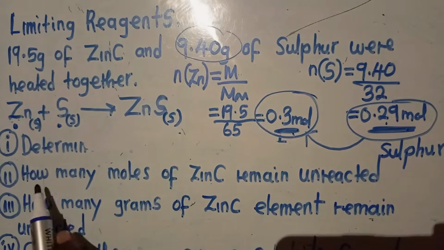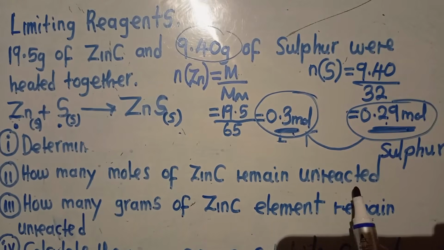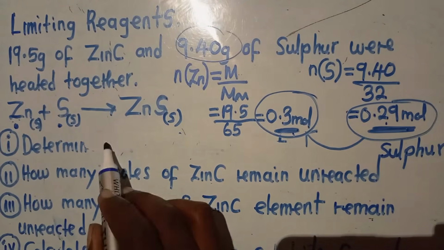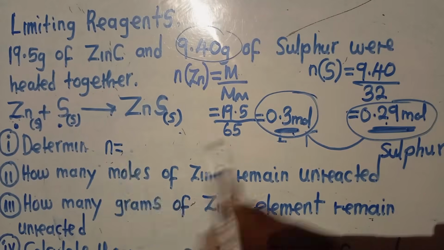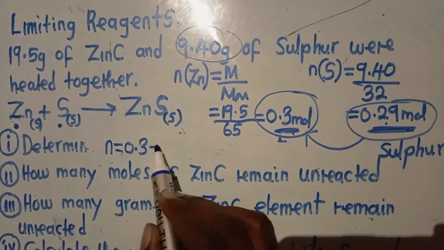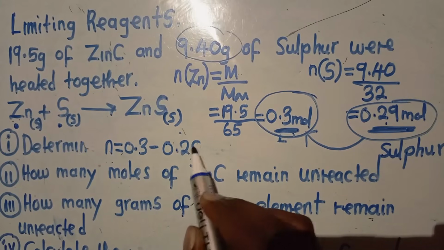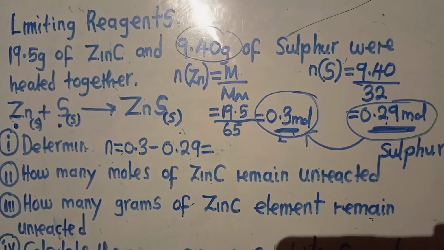To find the number of moles of zinc that remained unreacted, we say number of moles is equal to 0.3 minus 0.29. Get your calculator: 0.3 minus 0.29.